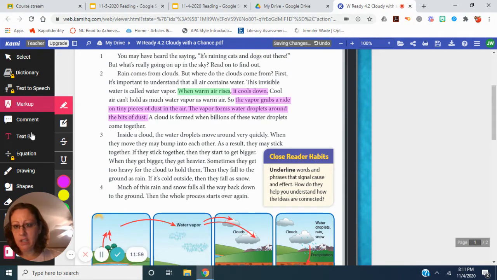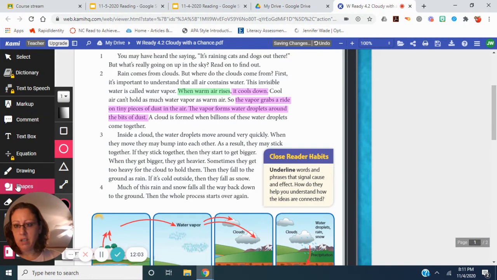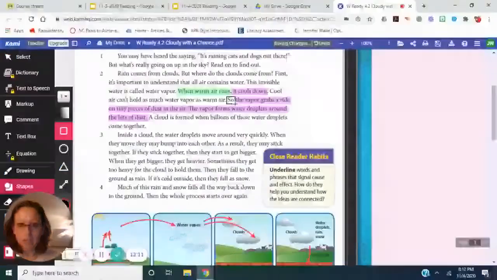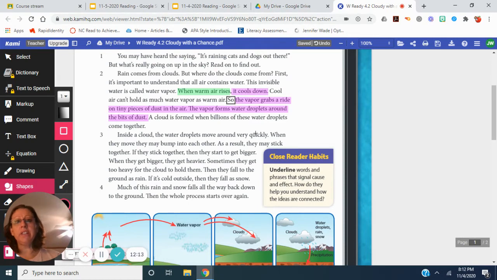I see one of our signal words here, and I'm going to put a square or a rectangle around it. I see the word so. So tells us that the effect is after it. So let's look before so and see if we can find the cause.